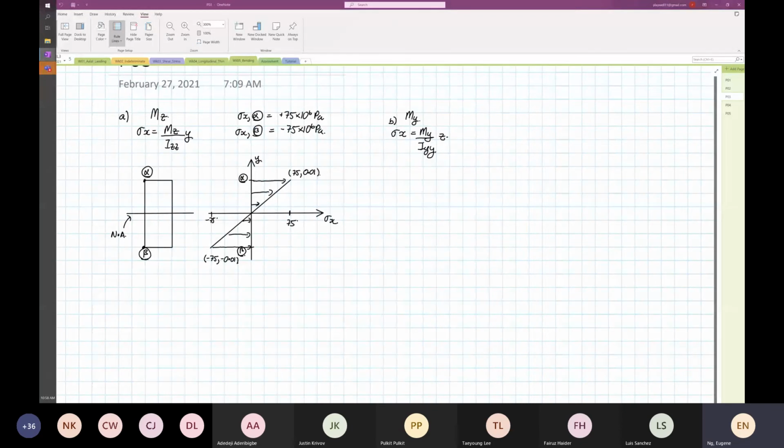If I draw my transformation on the left one, this is my y and this is my z. I'm still going to draw the same diagram, with the same orientation.